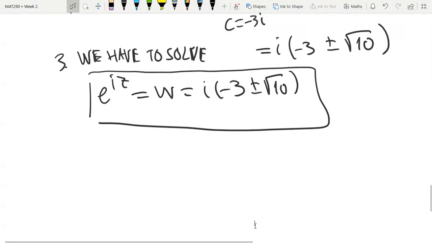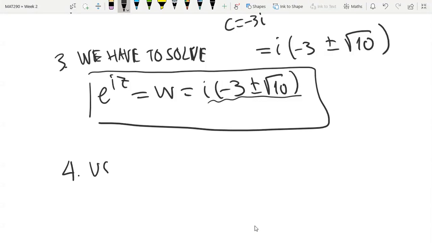Now that takes us back to solving equations for log. So again, use the formula for log that we proved.